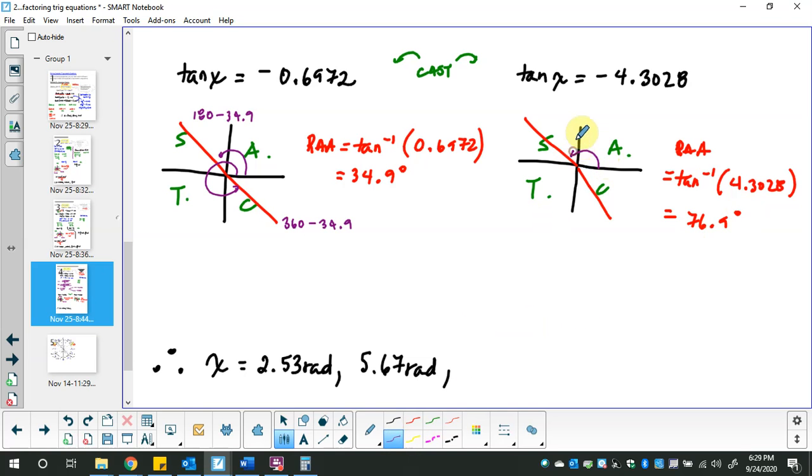So this rotation, 180 minus 76.9, because I didn't make it to 180. And this rotation, 360 minus 76.9, because I didn't make it to 360. And again, I'm going to take my little cheater shortcut.